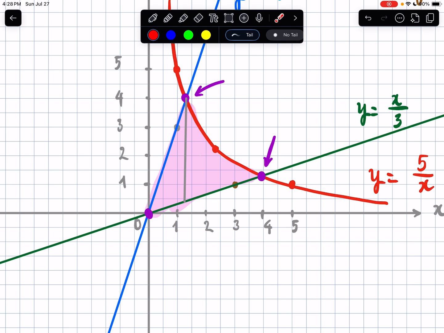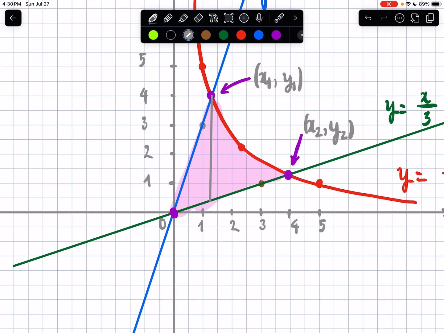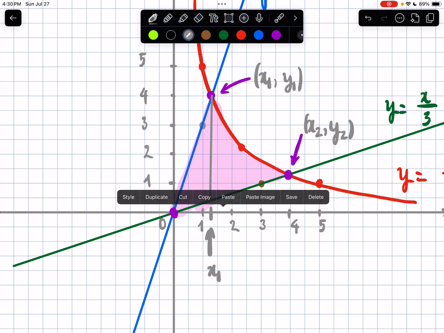Let's say this is (x1, y1), and this is (x2, y2). Here we divided the region into 2 parts by this vertical line. Here is x1 and here is x2.